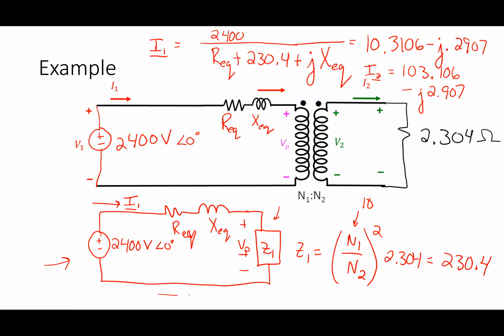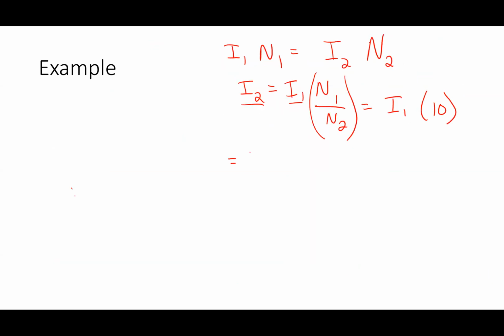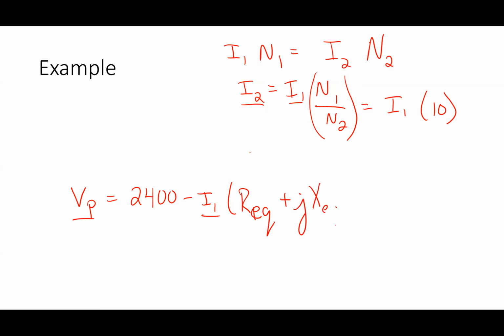KVL, right? VP is equal to 2400 volts minus I1 times (REQ plus jXEQ).